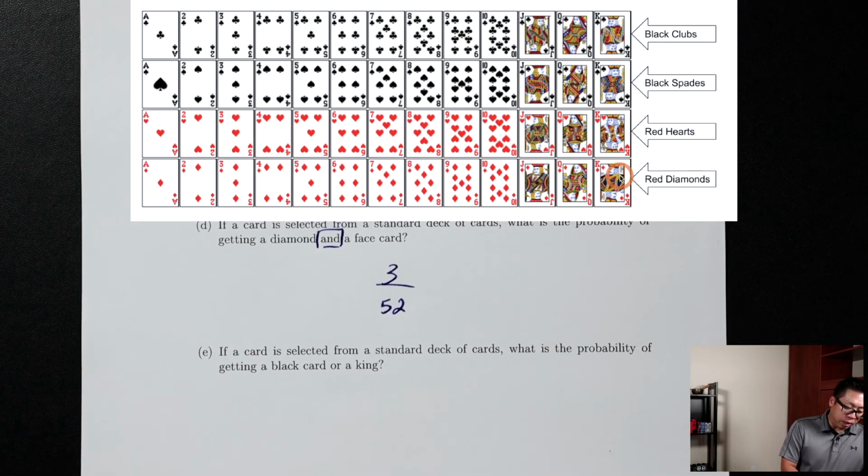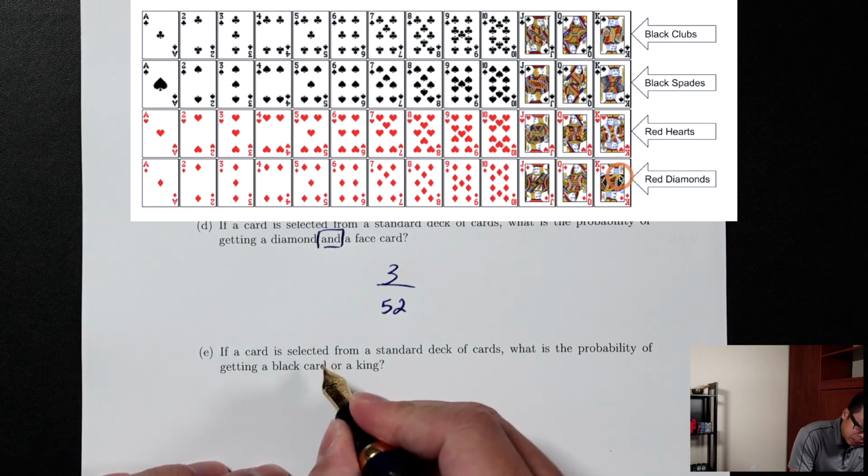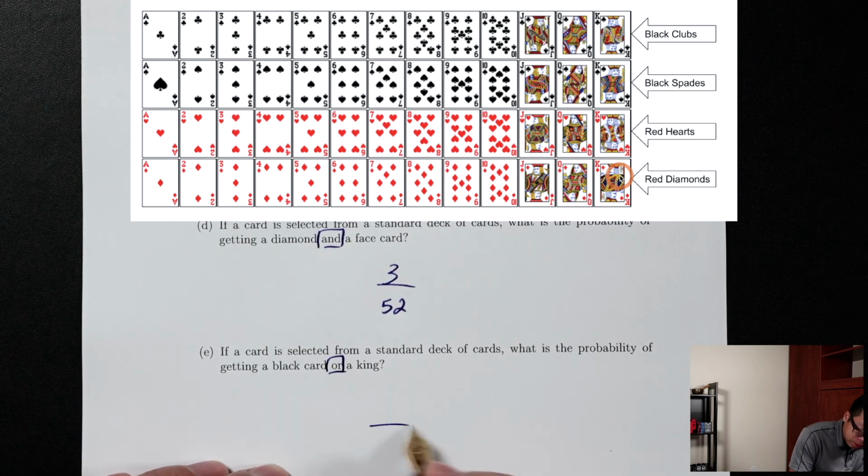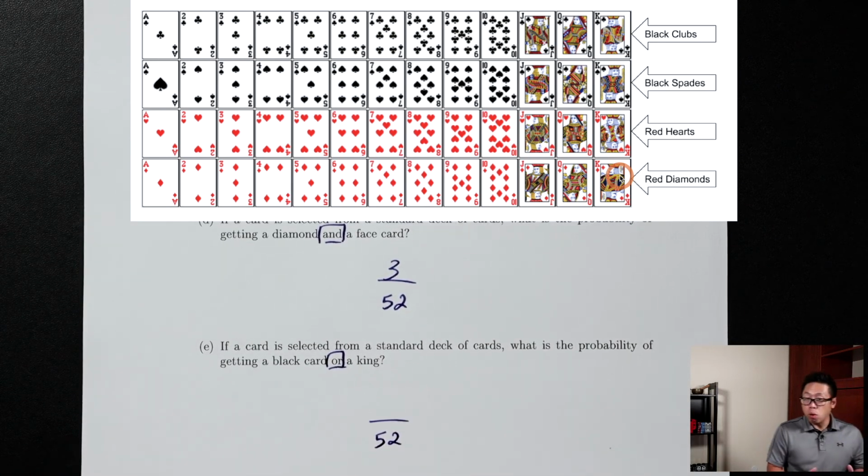Part E. If a card is selected from a standard deck of cards, what is the probability of getting a black card or a king? Keyword is the word or. Bottom will be 52 again. Now, or means I want to combine the black cards together with the kings.